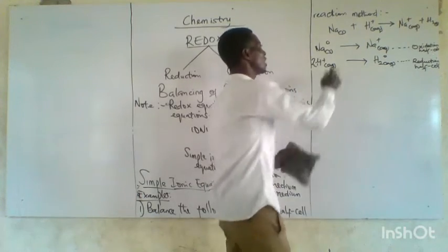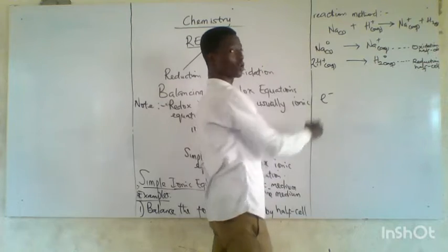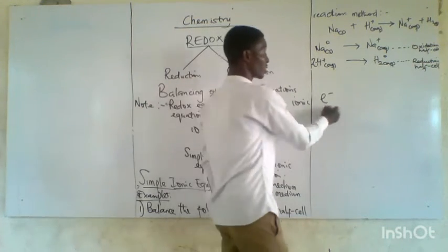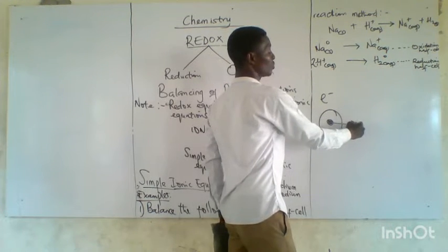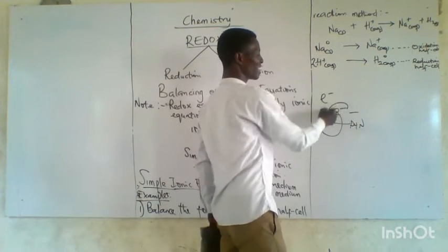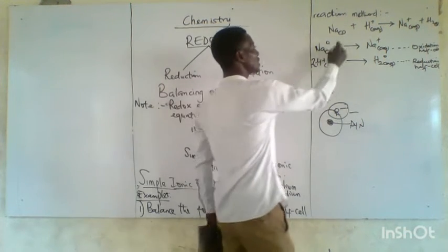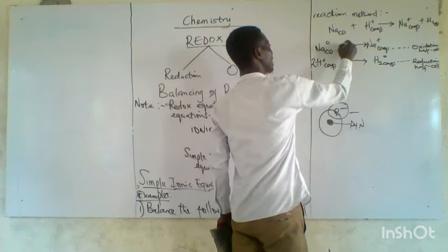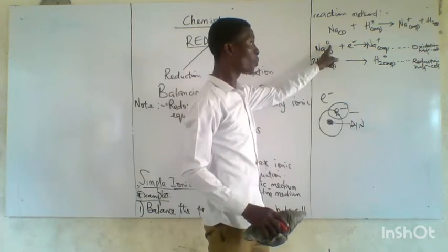So how will I introduce the electron then? Don't forget the symbol of an electron. From SS1 you have been taught the structure of an atom, where you have the nucleus, which contains proton plus what? Neutron, and you have the electron revolving. This is the symbol for electron. Does that make sense? So I would try as much as possible to add an electron so that I will have positive 1.